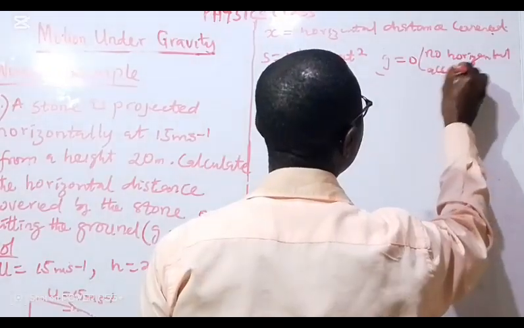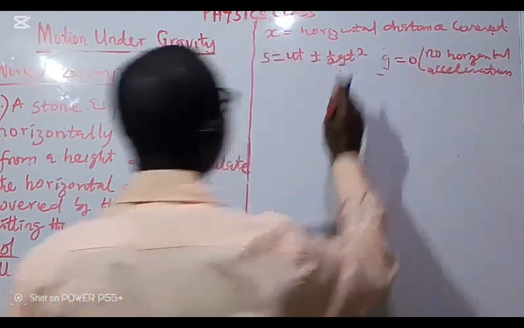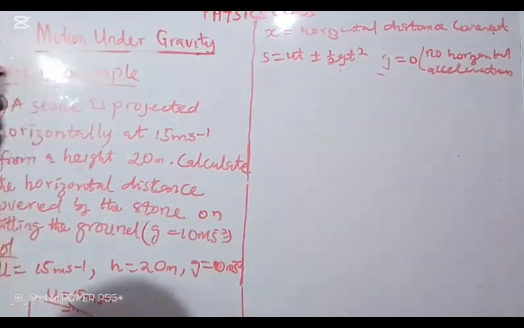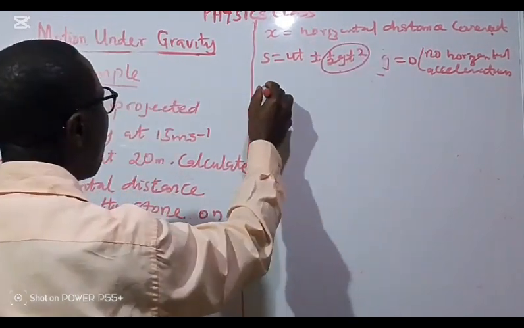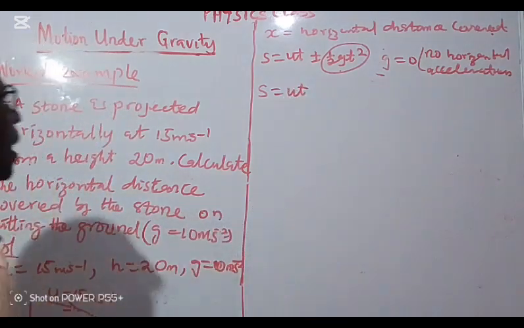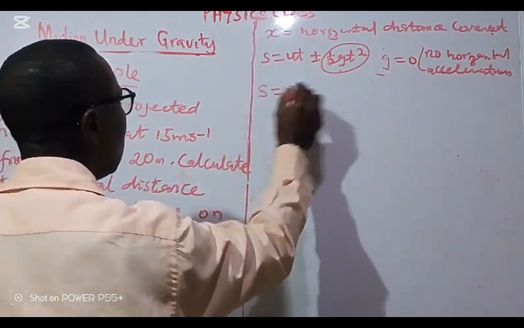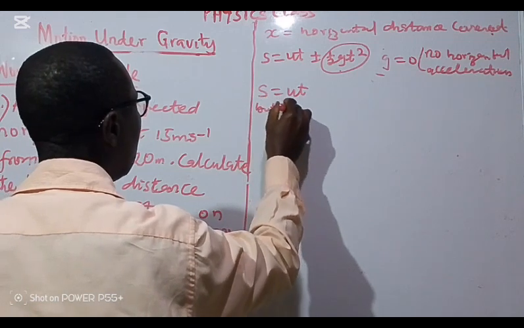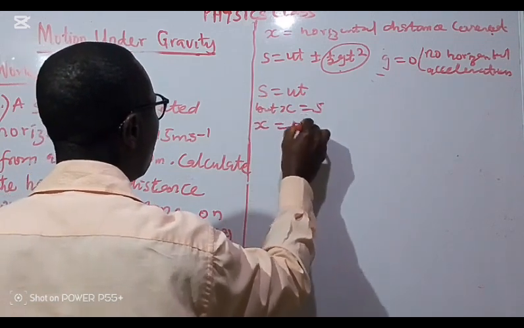So in that case, acceleration due to gravity will be equal to 0. If that is the case, this term will be equal to 0. We are now left with s is equal to ut. And mind you, our s will be what? x. We can now say s is equal to ut.